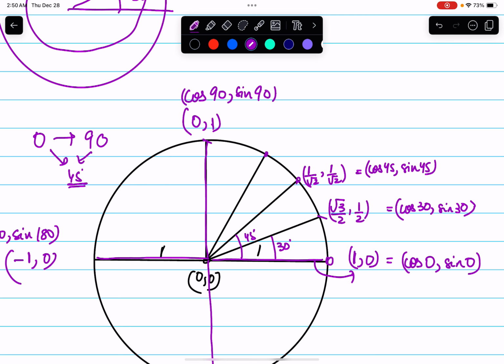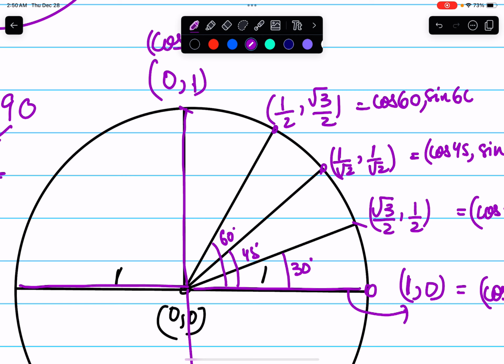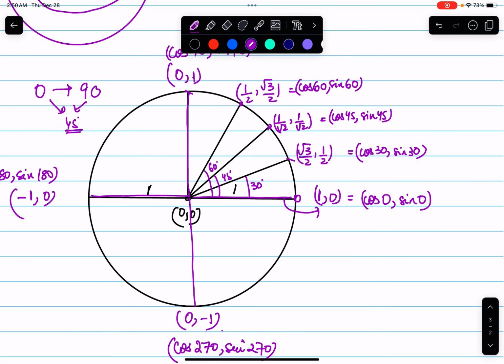Okay? And then when you go to 60 degrees, this is going to be 1 by 2 comma root 3 by 2, which is going to be cosine of 60 and sine of 60, right? And that's about it.